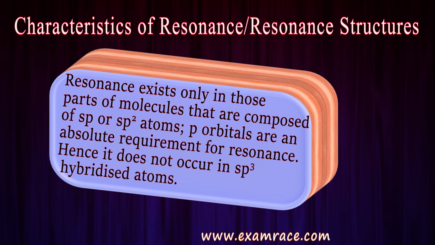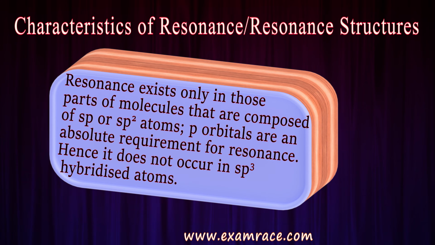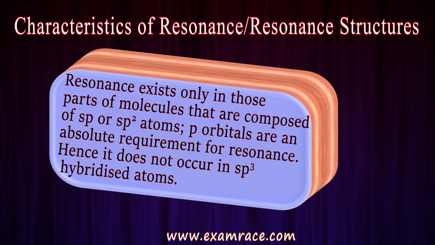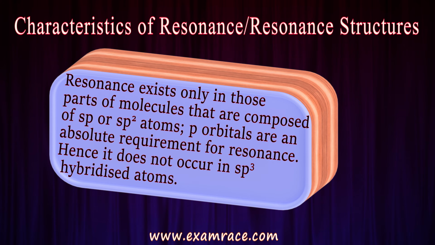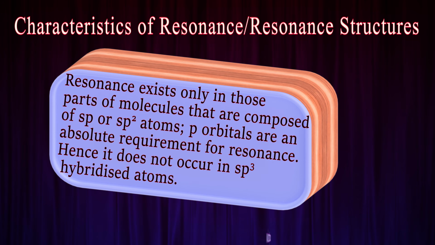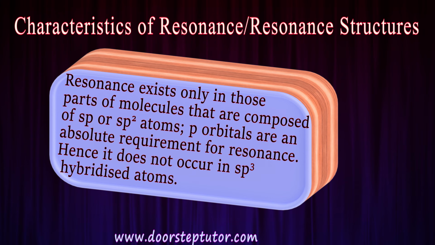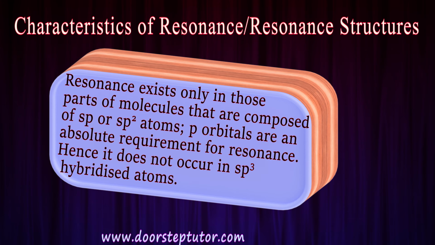The thing to note here is that resonance does not occur in an sp3 hybridized atom. For resonance, the requirement is of an sp or sp2 atom, or we can say the requirement of a p orbital is very much needed. It's an absolute requirement.